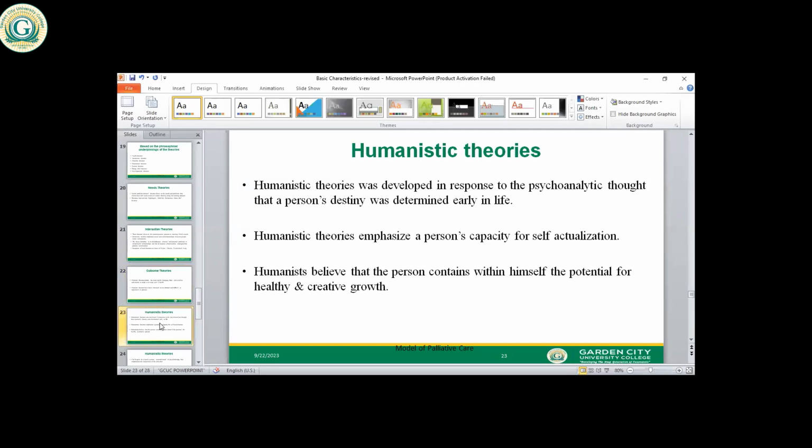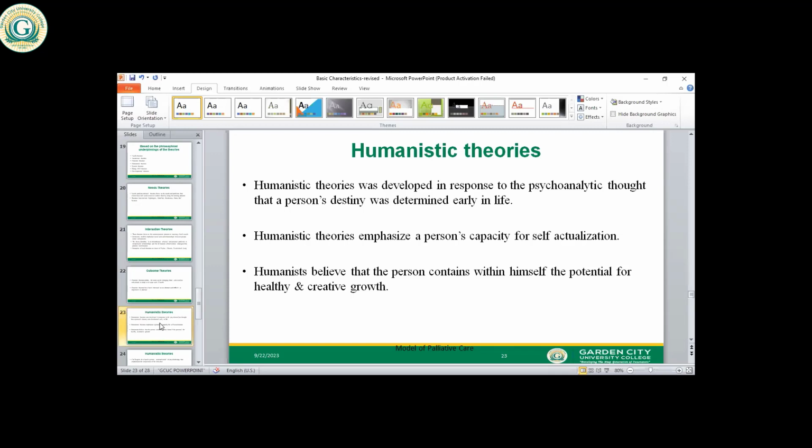Humanistic theories emphasize a person's capacity for self-actualization. They were developed in response to the psychoanalytic thought that a person's destiny was determined early in life.